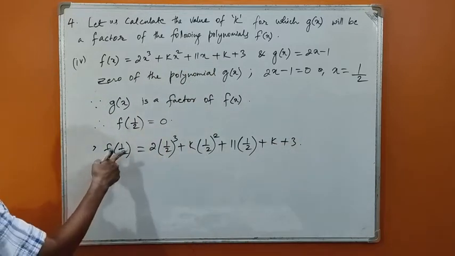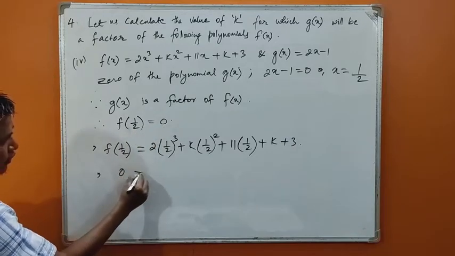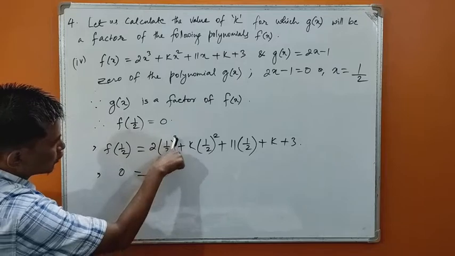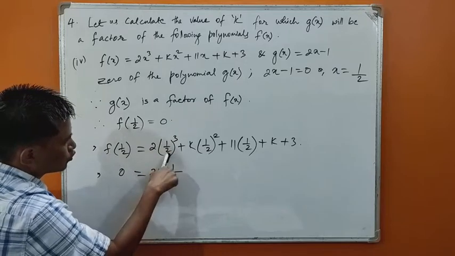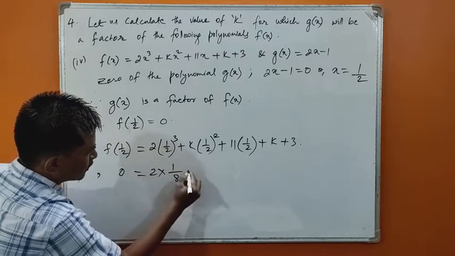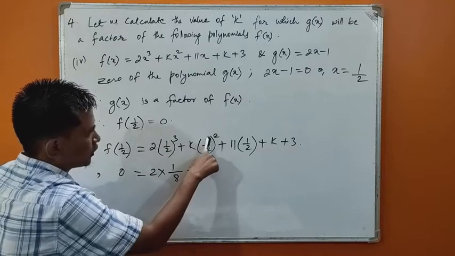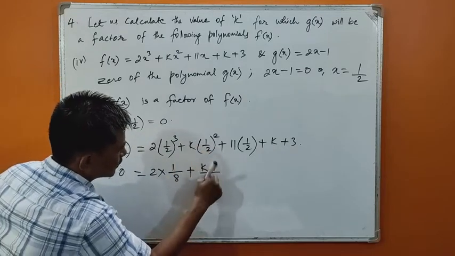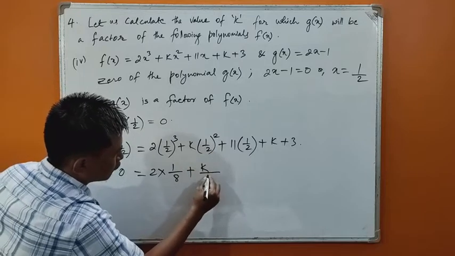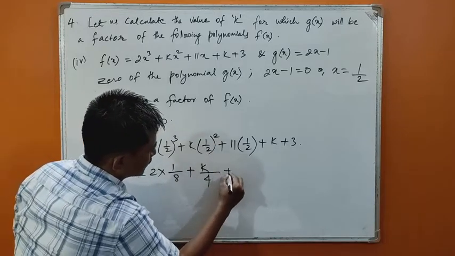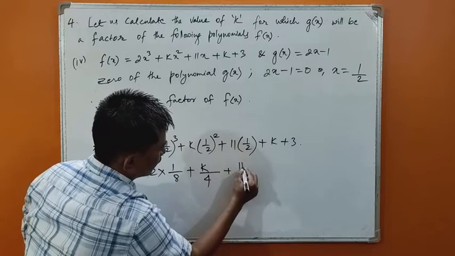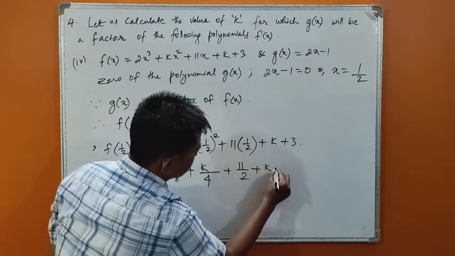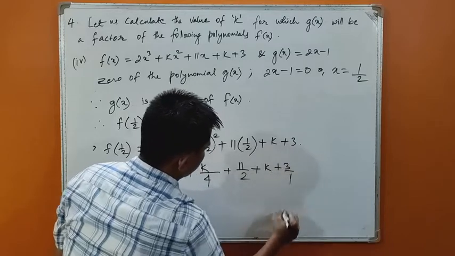Or f(1/2) is 0 equals 2 into 1 cubed is 1, 2 cubed is 8, plus 1 squared is 1, that 1 into k is k, divided by 2 squared is 4, plus 11 ones are 11 upon 2 plus k plus 3 upon 1, okay?